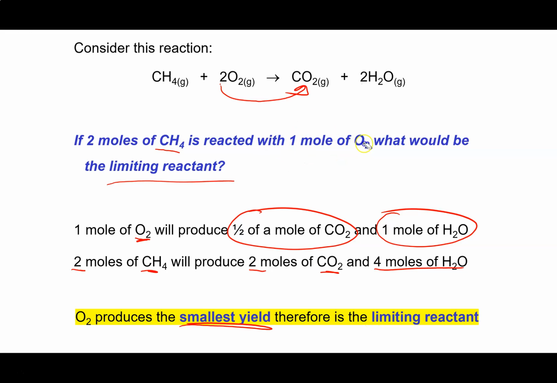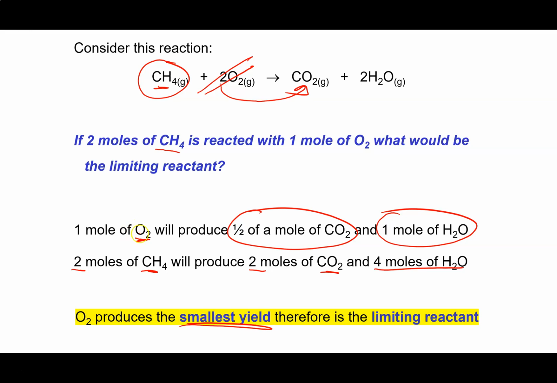So what's actually going to happen when these things are reacted? What will happen is the reaction will occur until half a mole of CO2 is made and 1 mole of water is made. And at that point, you have no oxygen left and everything stops. So in addition to our half a mole of CO2 and our 1 mole of water, we'll also have left over some methane, right?